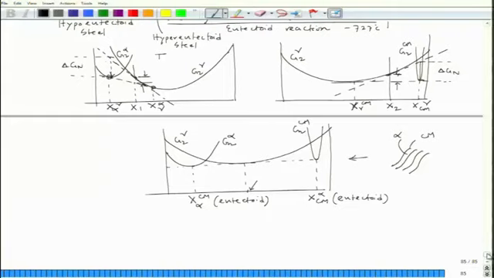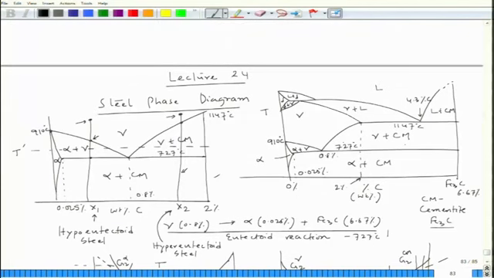How come? Because if I look at this phase diagram, let us say I draw a tie line here, then if I take this composition, the mass fraction of alpha of this composition would form, and the mass fraction of cementite of this composition would form.